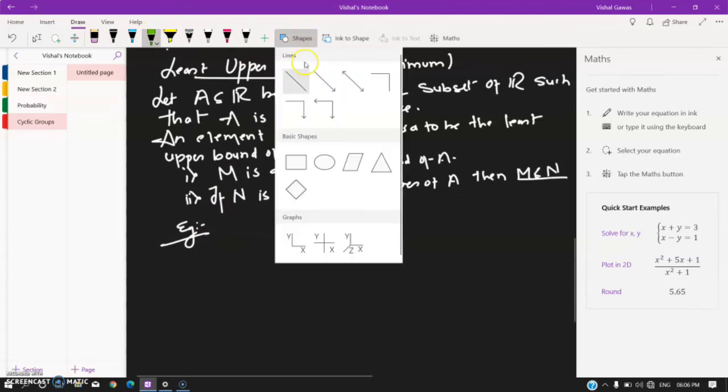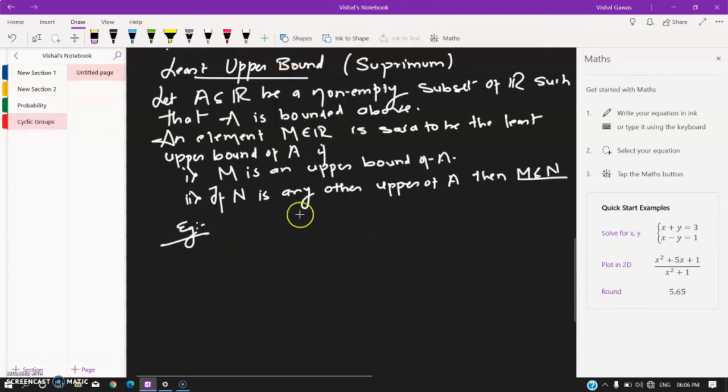Right? Example, look at the example here. Draw a real line.